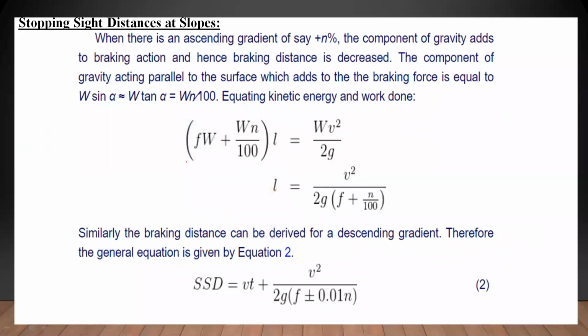You already know, it is the work done for stopping of the vehicle, that is small f W into L. So small f W into L plus W into sine alpha into L. This will be added because it is a braking force.